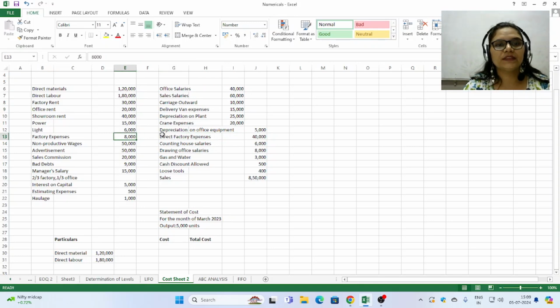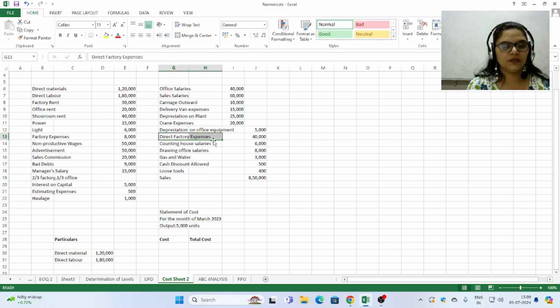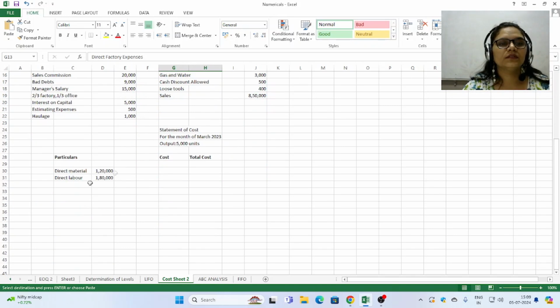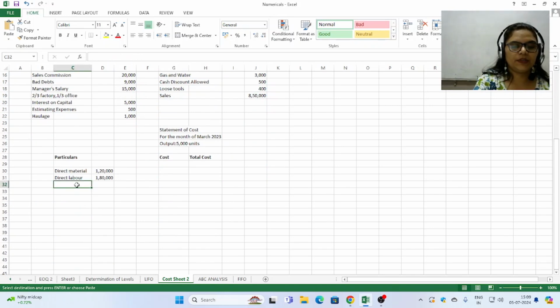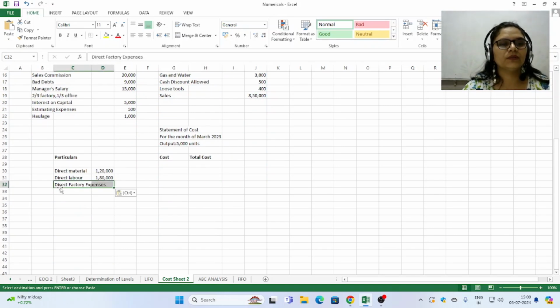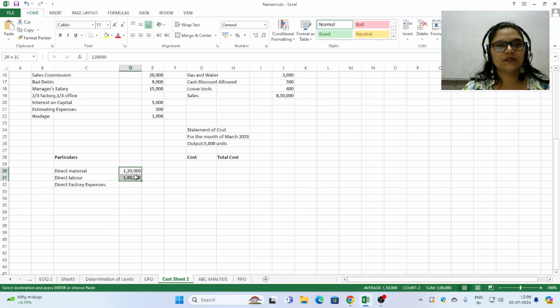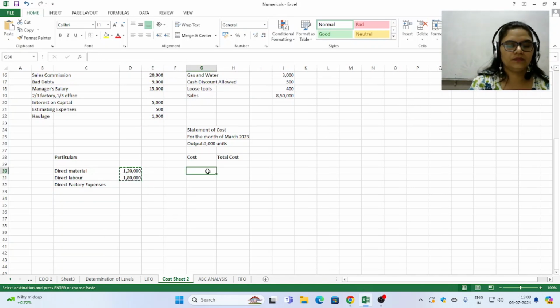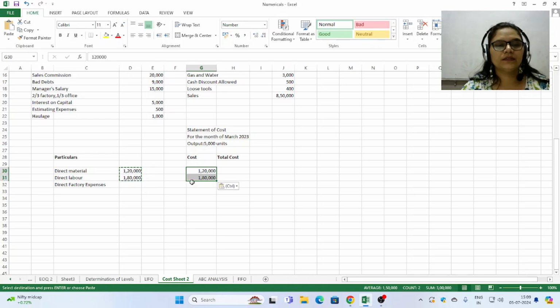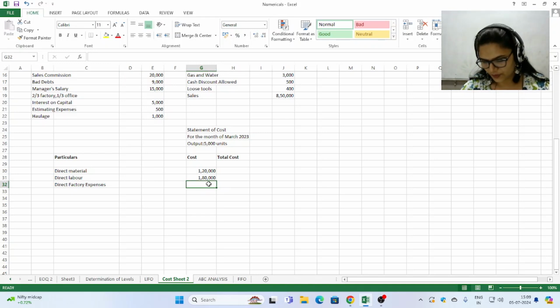So these expenses will be recorded in your statement of cost where you want to calculate the prime cost. We will copy all these costs in the cost column and delete it from here.